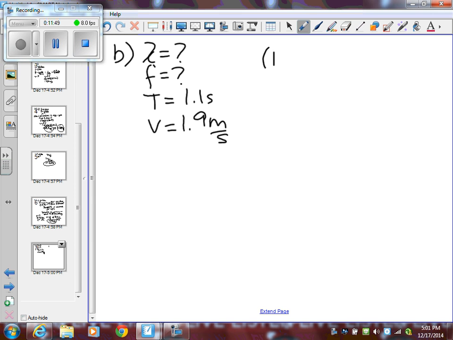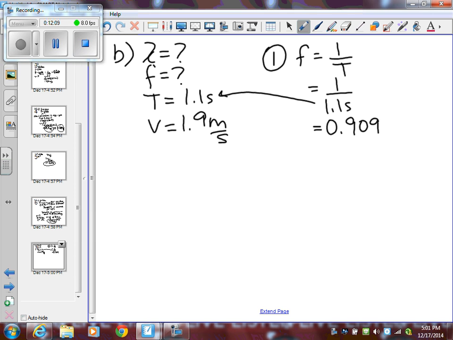First step, we're going to have to calculate our frequency, which is frequency equals 1 divided by period. Therefore, we're going to go 1 divided by 1.1. This is going to give us 0.9090 hertz. So now we know our frequency.